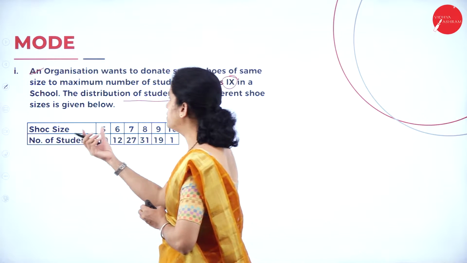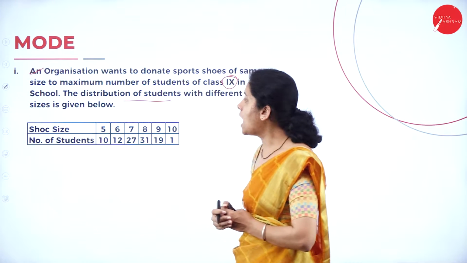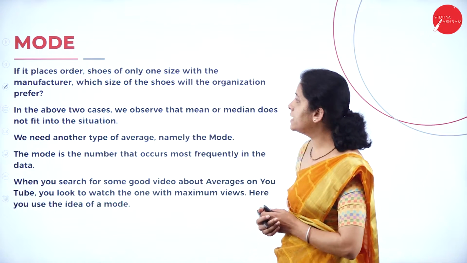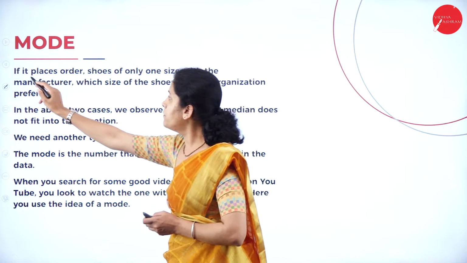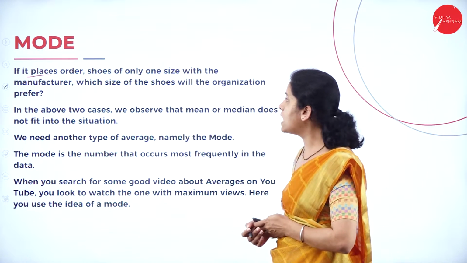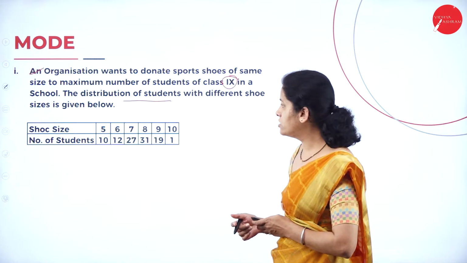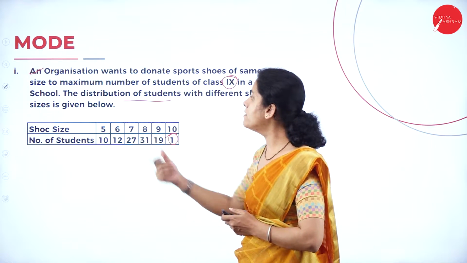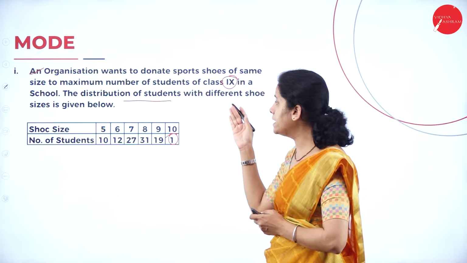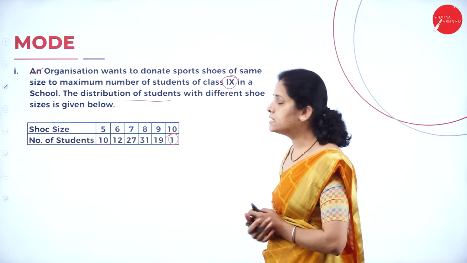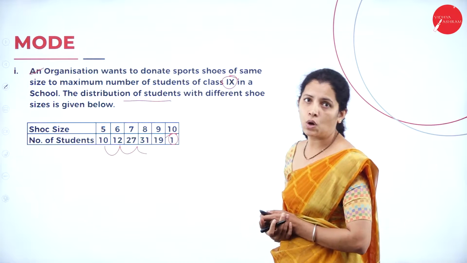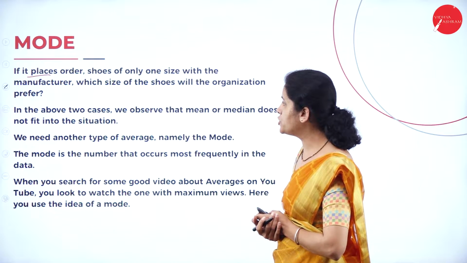I have the shoe size as well as the number of students. If it places an order for shoes of only one size with the manufacturer, I have size 5, 6, 7, 8, 9, 10, and for the number of students I have different values or observations.